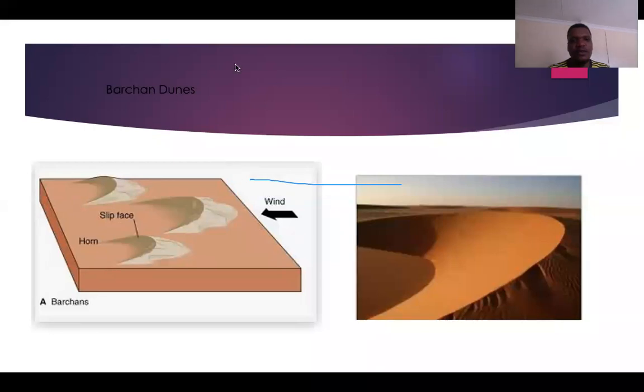There was an obstacle here, so it begins to deposit sand particles in this region, and we have those forming here. This is what I was saying is called the leeward side.